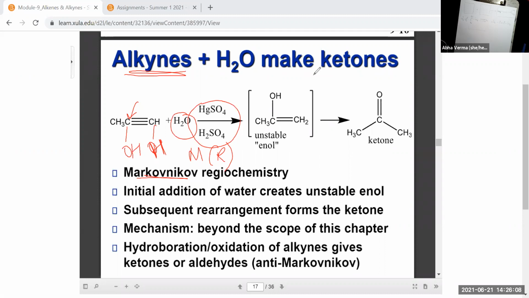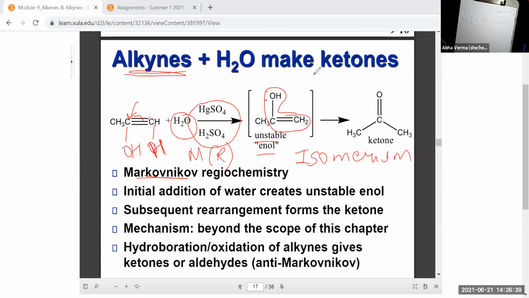But when this happens and a pi bond breaks, an unstable enol will form. And if you remember your module 3, there is going to be a resonance that can occur here. But this is not called a resonance. It is known as isomerism. Isomerism just means an isomer forms.